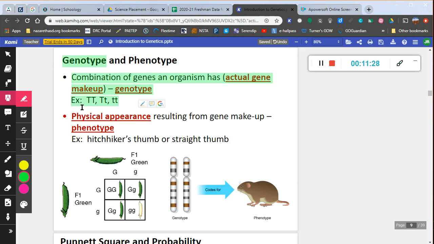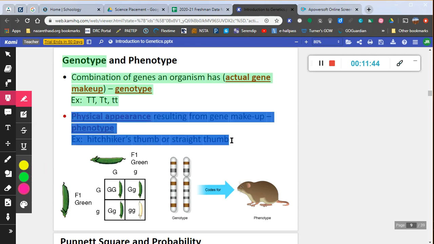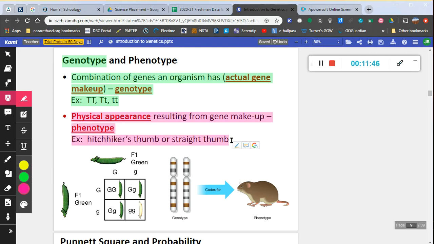So having two dominant alleles, having a dominant and a recessive, or having two recessive. These are the genotypes. What is the allele combination of the organism? Genotype determines phenotype. Phenotype is an organism's physical appearance. It is the result of the genotype.